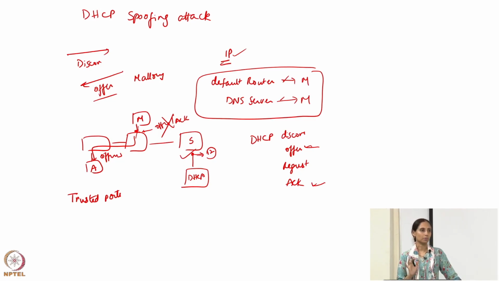Okay, again, as you can see, when switches were built, they were built very simply, but as we saw with MAC flooding and whatever else, switches now have to do a lot of heavy lifting. In general switches are not supposed to look at higher layer data. They are supposed to only look at link layer headers.